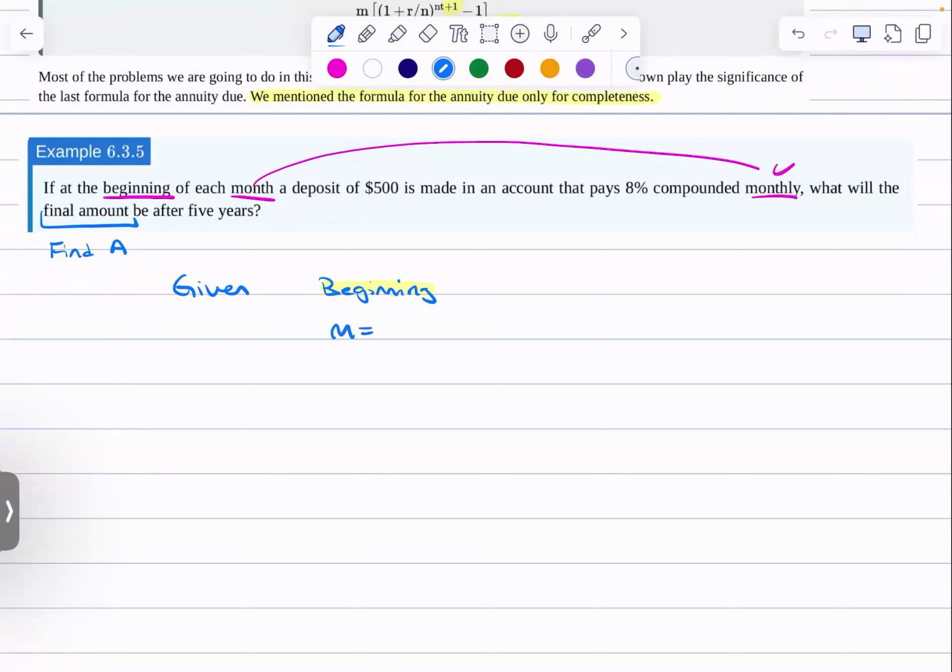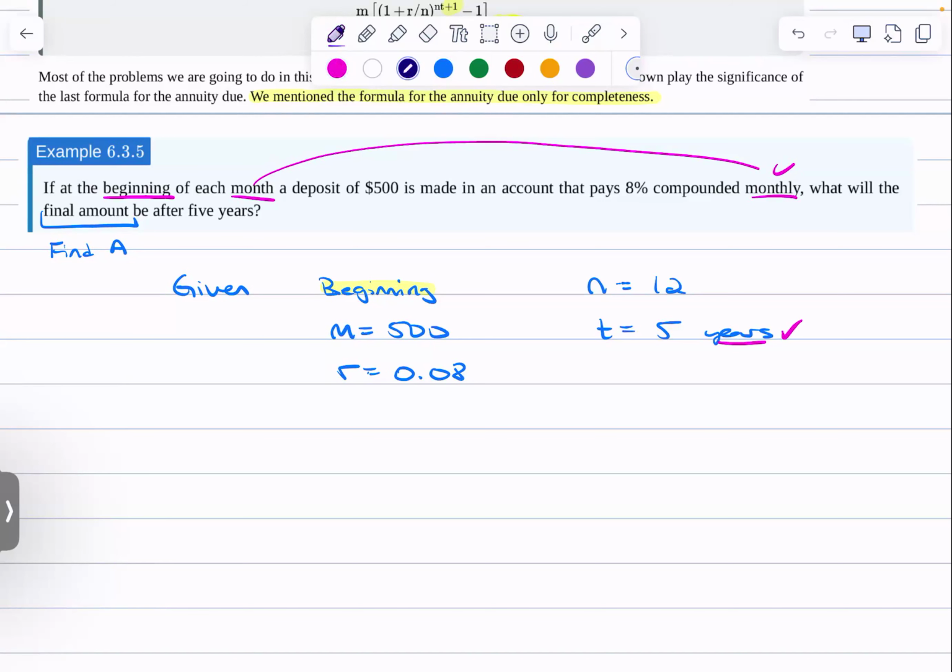And M is 500 per month. R is 0.08. Compounded monthly, so n is 12. And T is 5 years. And again, make sure that T is in years, but it will be.